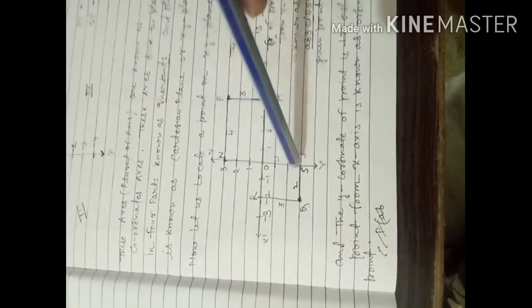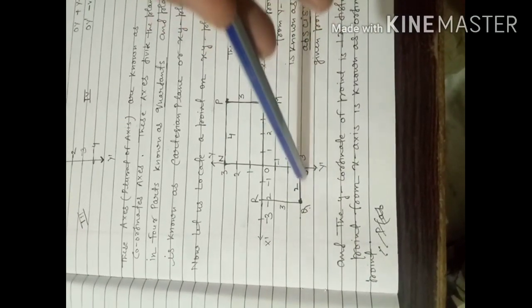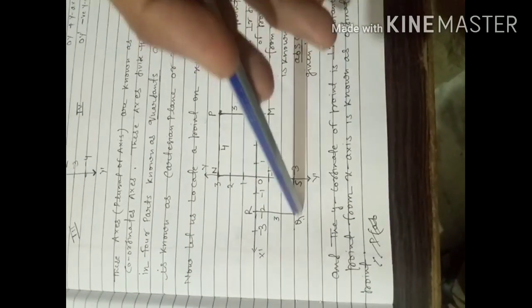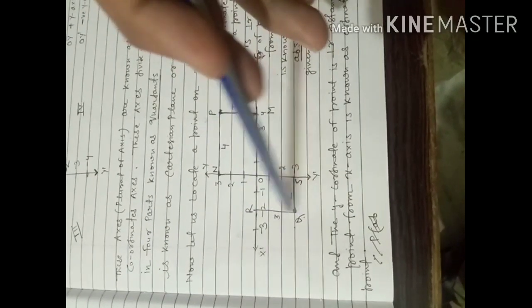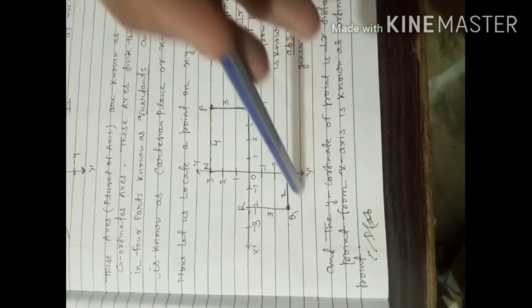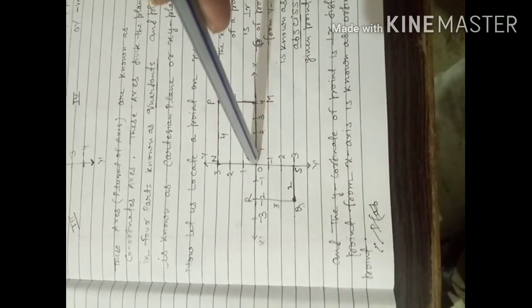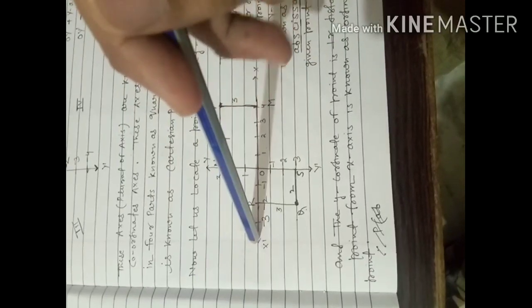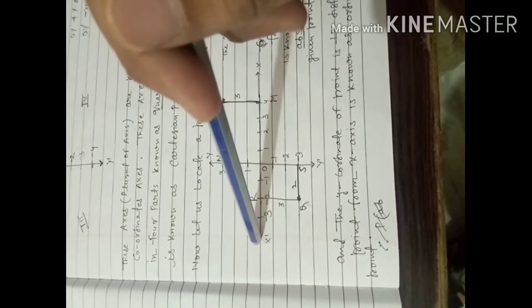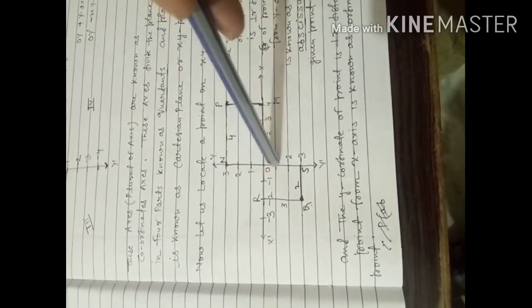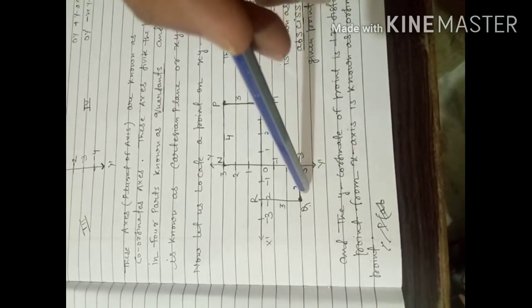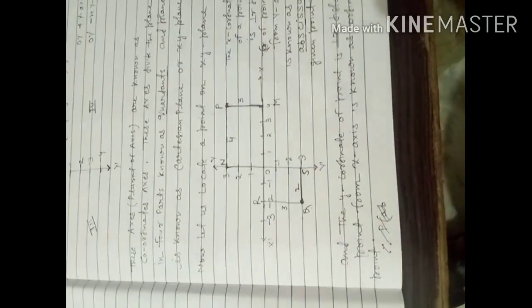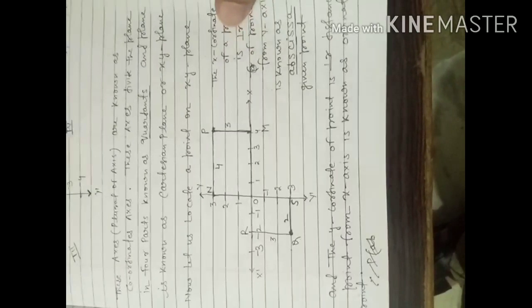Therefore, here the perpendicular distances are 2 units and 3 units respectively, but the abscissa is -2 because we are on the negative side of the x-axis. Also, on the negative side of the y-axis, therefore the ordinate is -3.